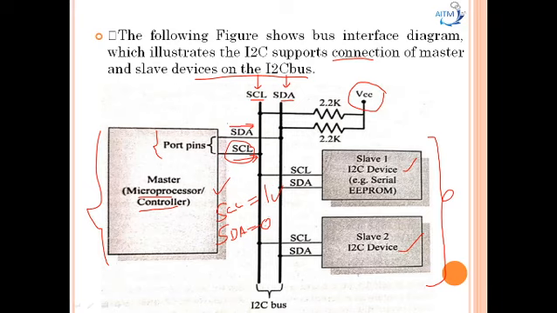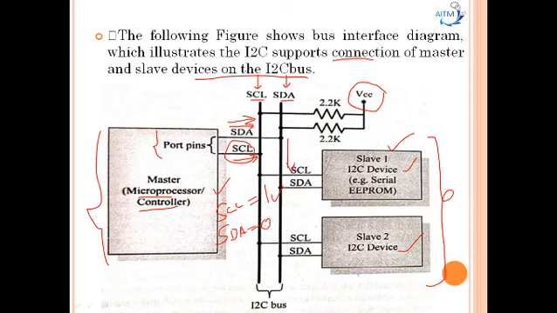Suppose, for example, it wants to communicate with slave 1, the I2C device, for example a serial EEPROM. So it will send the address of this slave over the SDA line.